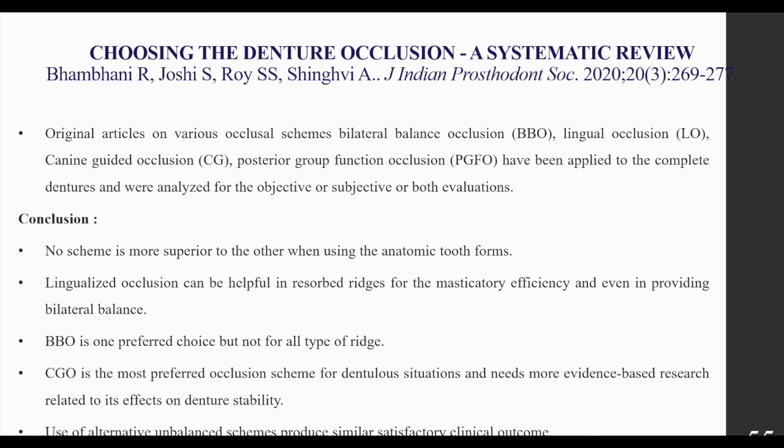Lingualized can be helpful in resorbed ridges for masticatory efficacy and even in providing bilateral balance. It also concluded that bilateral balance is one preferred choice, but not for all ridge types. Canine guided occlusion is the most preferred scheme for dentulous situations and needs more evidence-based research to see what effect it has on denture stability. The use of an alternate unbalanced scheme can produce a satisfactory clinical outcome.